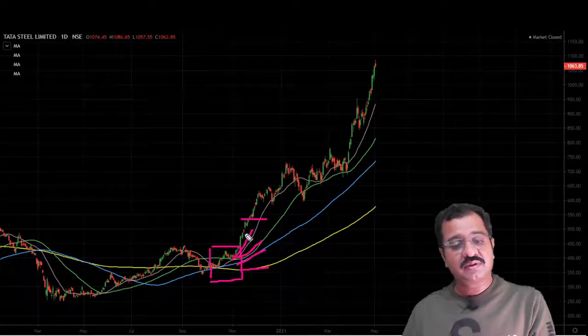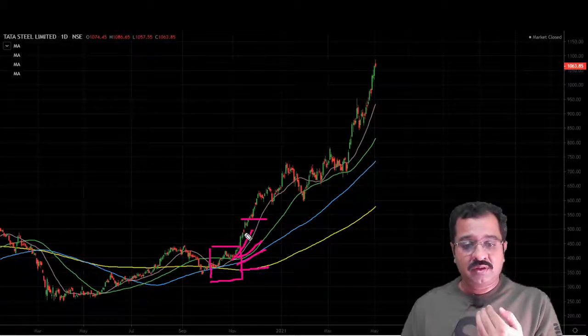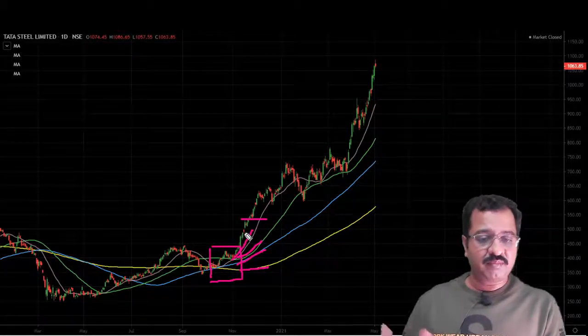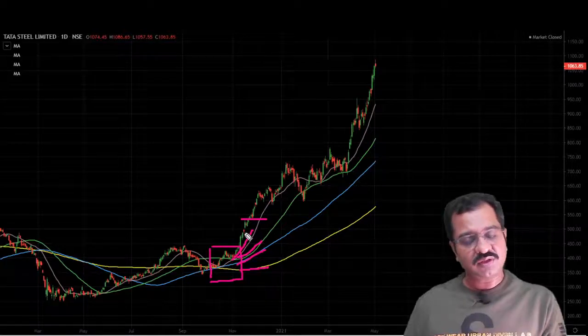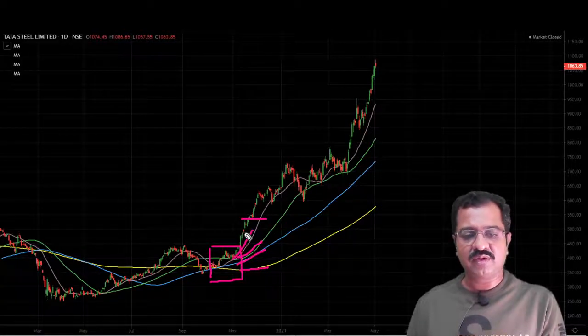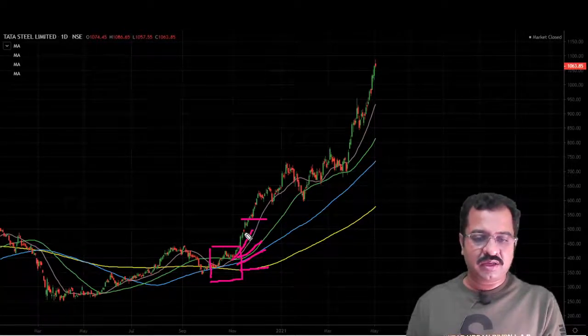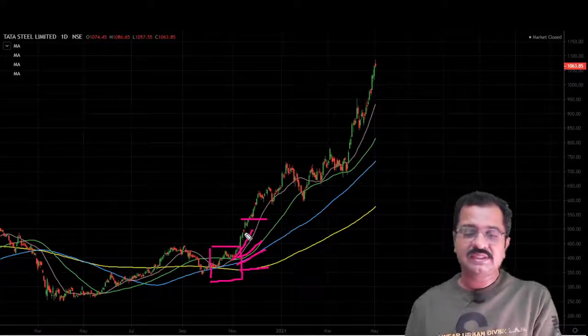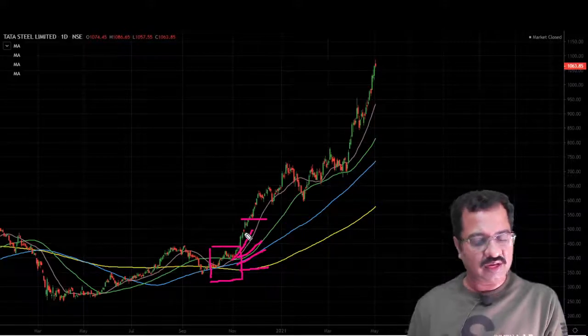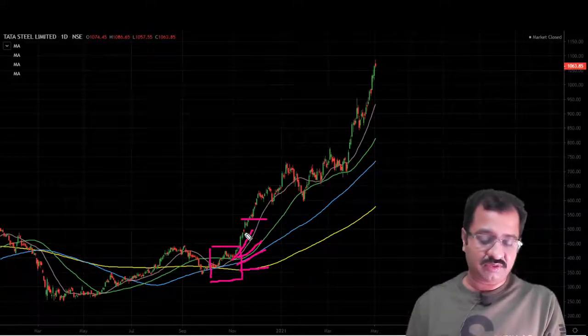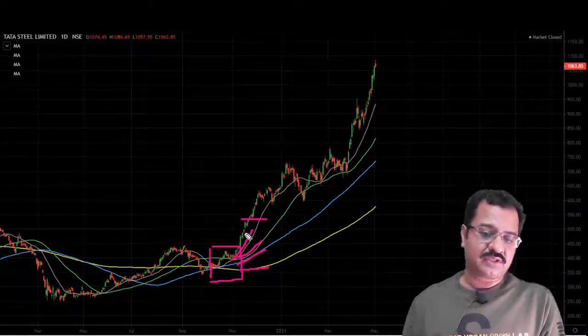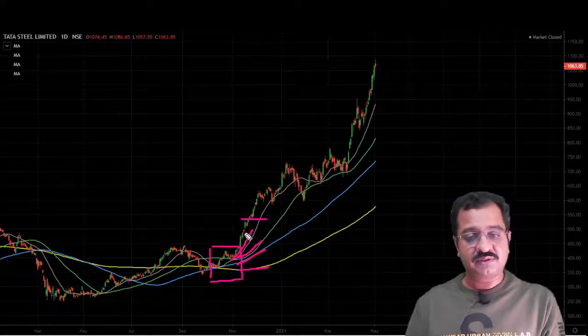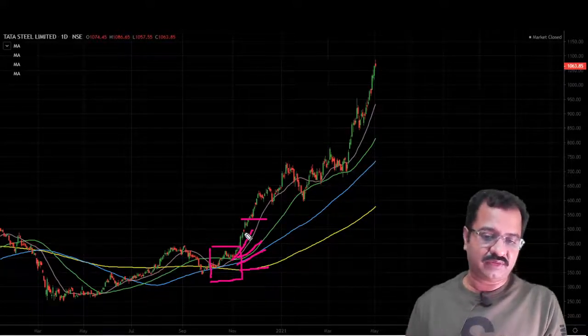You can mix or combine this strategy with other things also, that okay, if 52-week high is broken and these are expanding, then I will enter the trade. Like that you can design strategy, or you can add other filters also, based on your comfort, based on your system backtesting and everything.